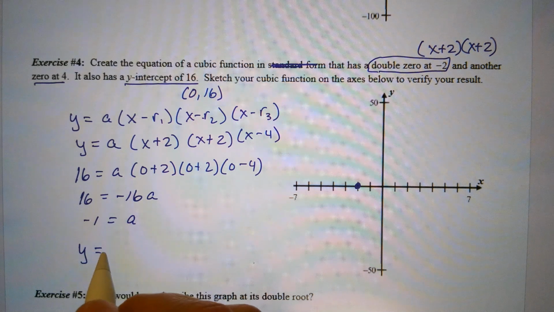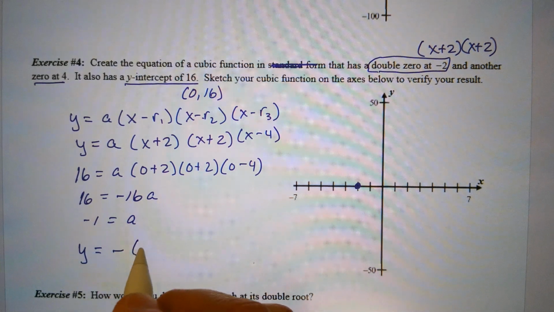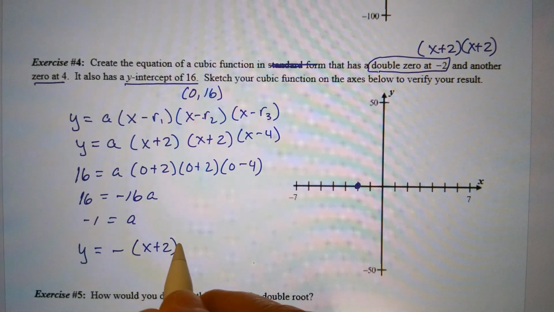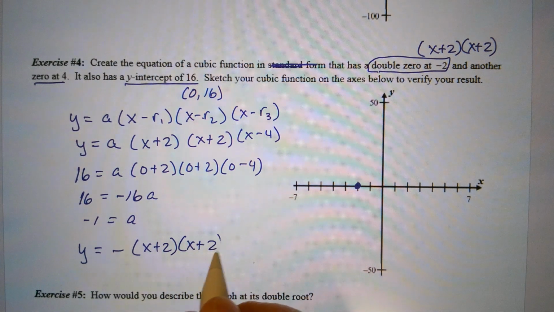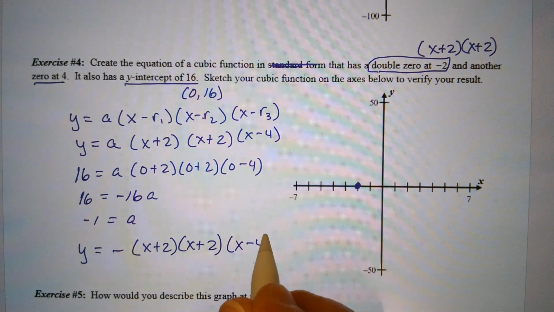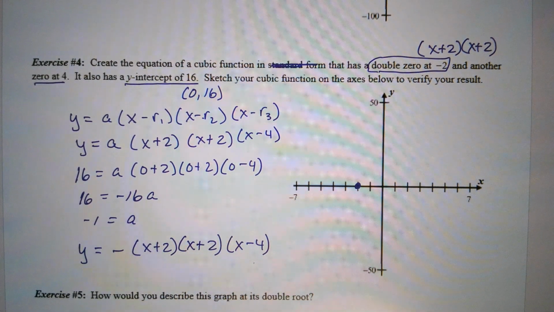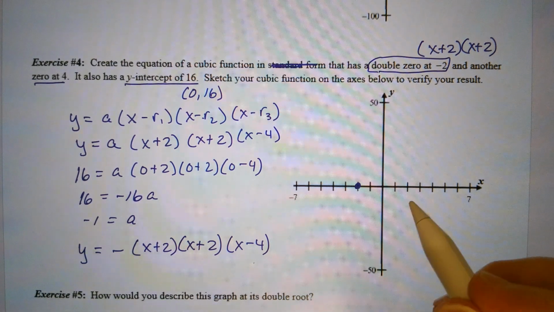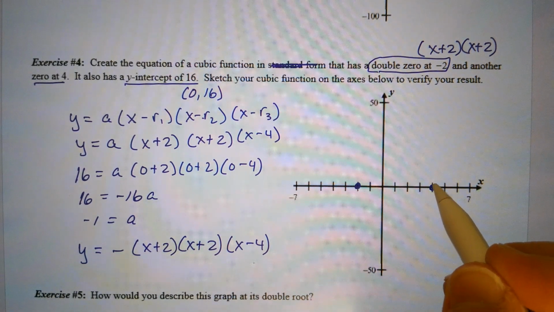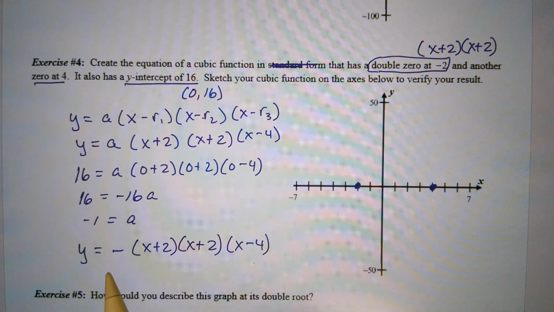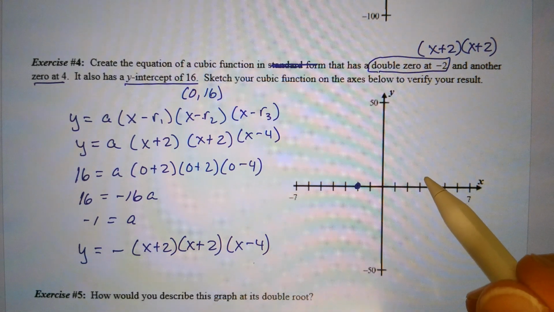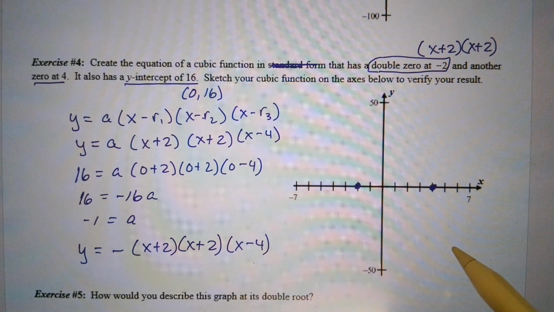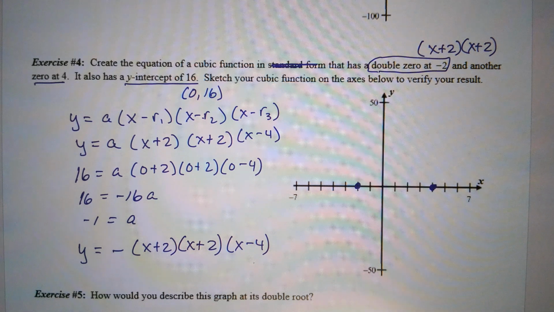In factored form, y equals negative times x plus 2 times x plus 2 times x minus 4. Since it's negative, it's going to fall, right? So let's see.